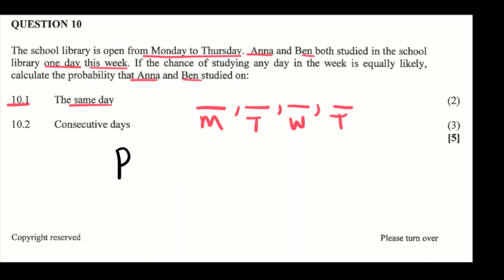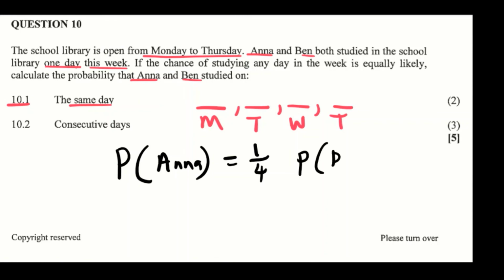The probability of Anna studying once a week is equal to 1 over 4, right? And the probability of Ben studying once a week is 1 over 4, right?